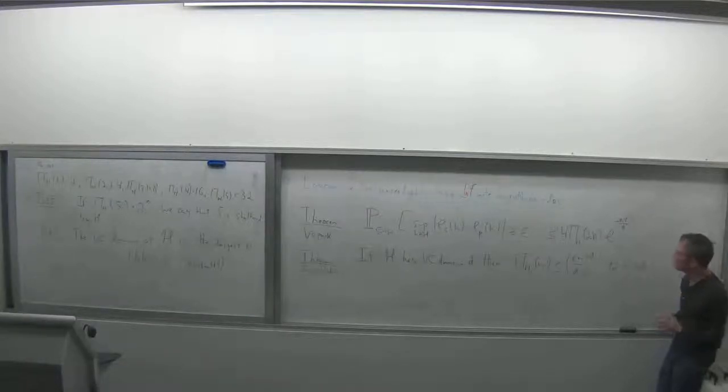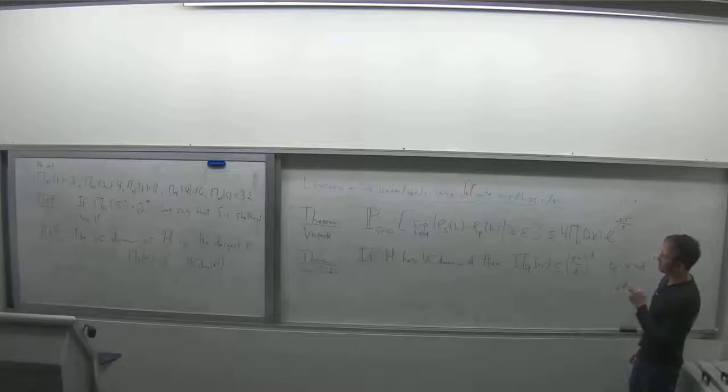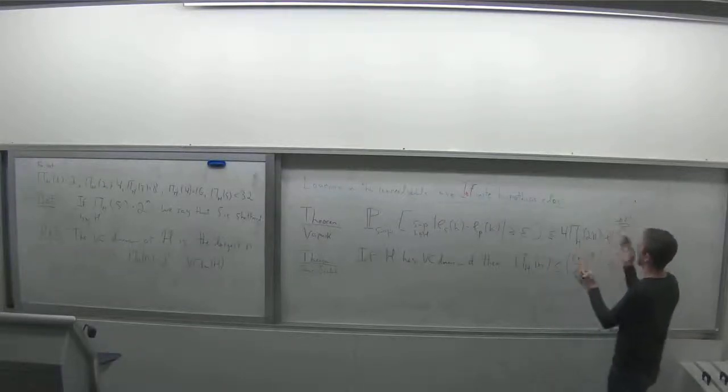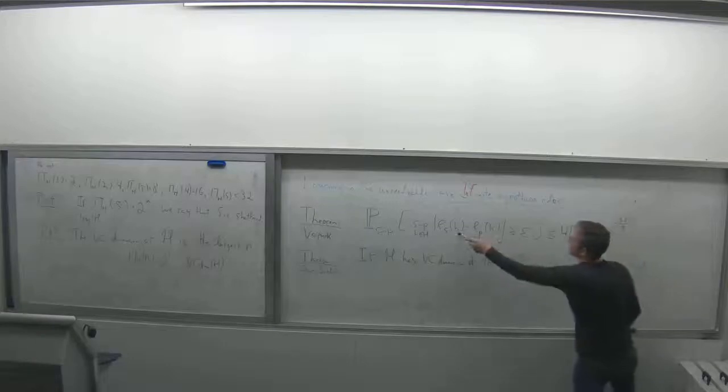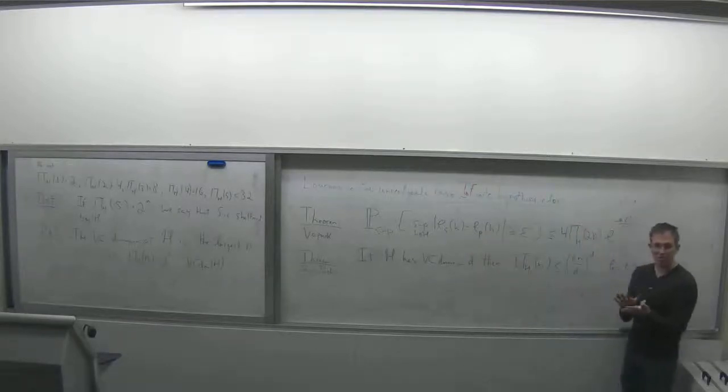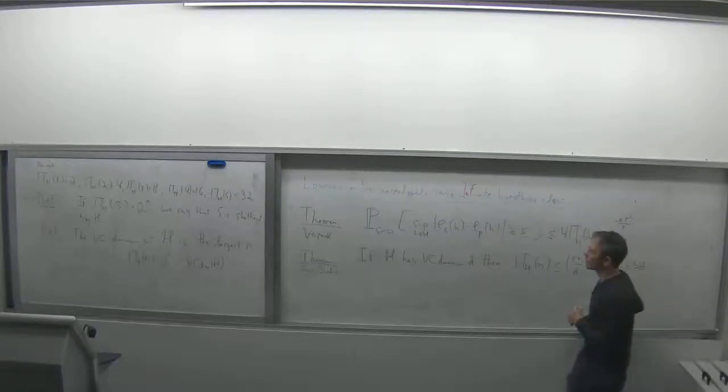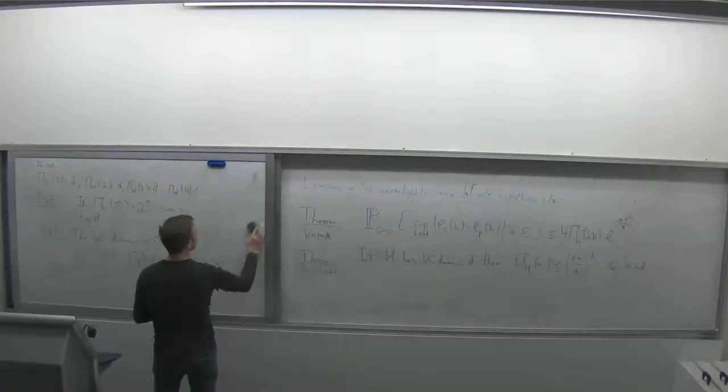The conclusion is that because of the Sauer-Shelah theorem, if we choose n large enough, these two curves can be arbitrarily close. So this is the crux of the VC theorem.